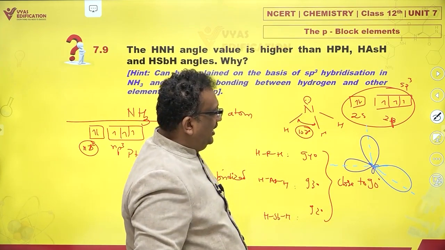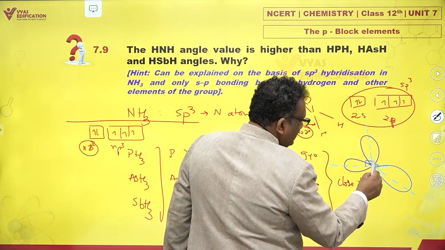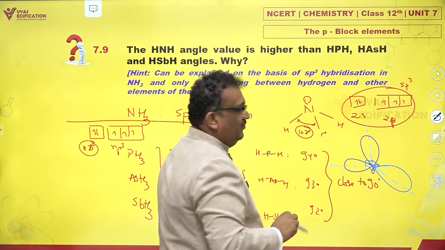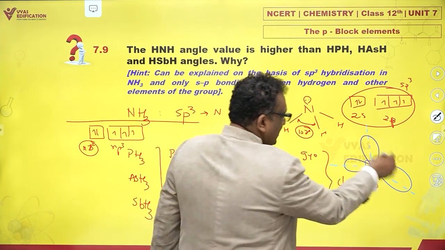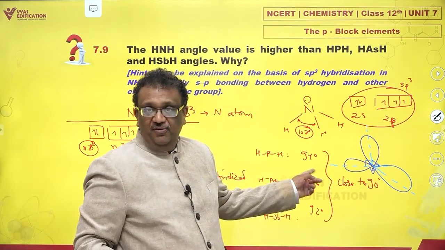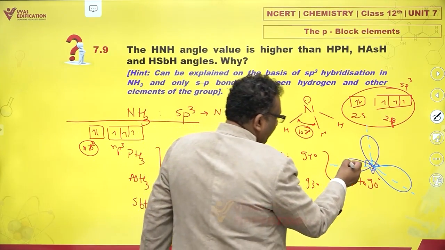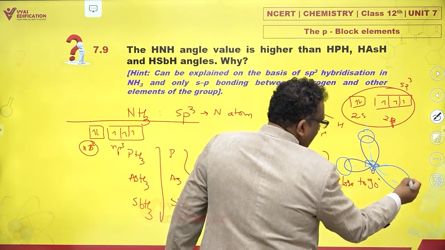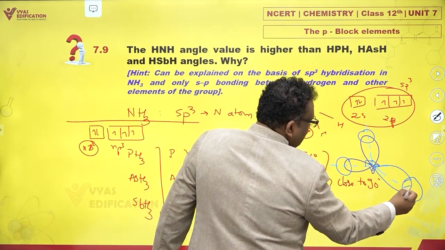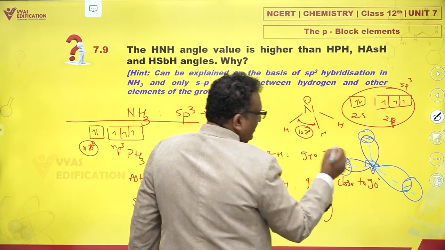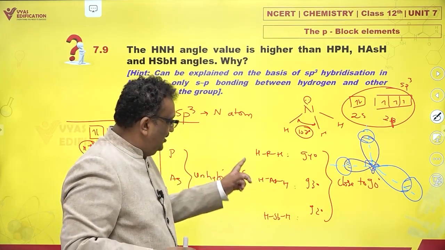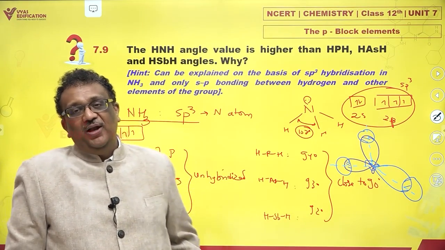See? And these are mutually at right angles with each other. And that's why these are the 3 p orbitals of the phosphorus atom, or arsenic or antimony. And as they form bonds with hydrogen atoms, you get these close to 90 degrees bond angles.